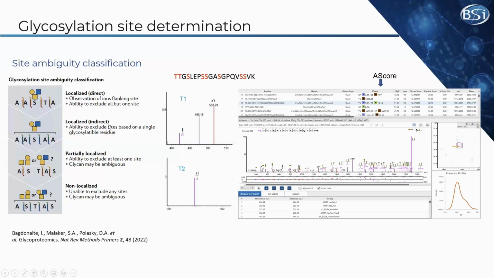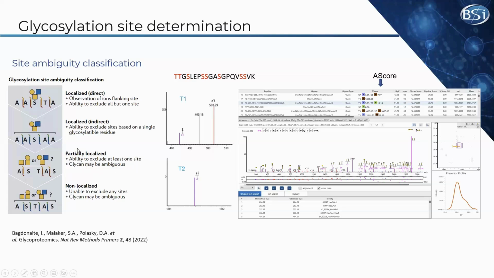And the other, I guess, simplest form is the ability to exclude all other sites based on there only being one potential glycosylation site within that peptide. So within this peptide, there's only one serine, so it would be assigned to that serine. Oftentimes, we don't get complete fragmentation of the peptide backbone, and so we cannot always exclude every other site.